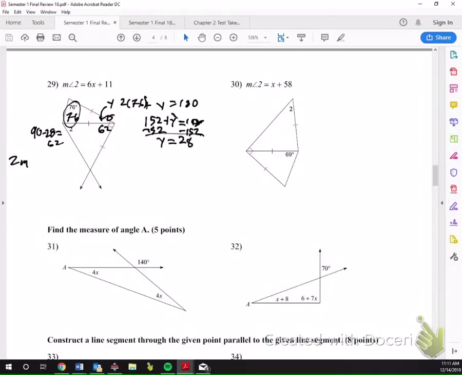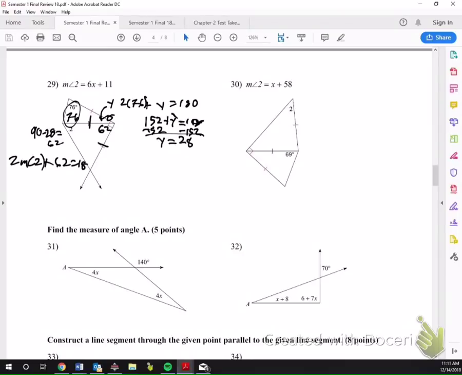So, now notice here that we got the vertex angle of an isosceles triangle. So what that's going to give us then is that 2 times the measure of angle 2 plus 62 equals 180. How do we know it's 2 times the measure of angle 2?